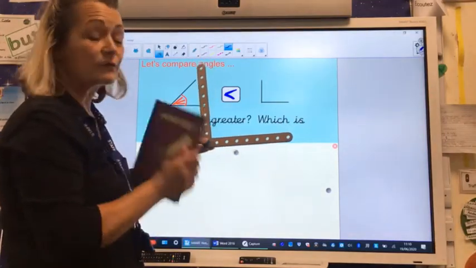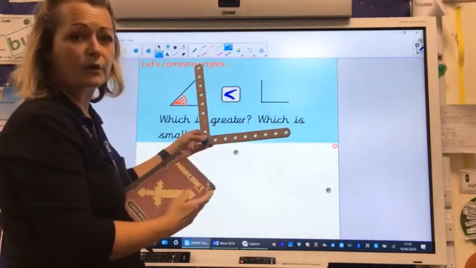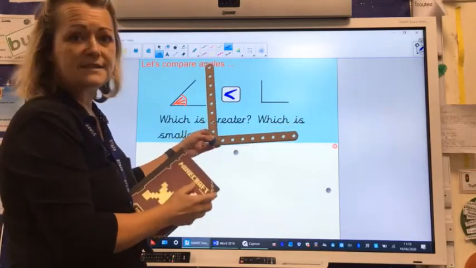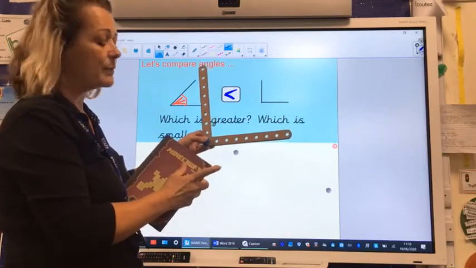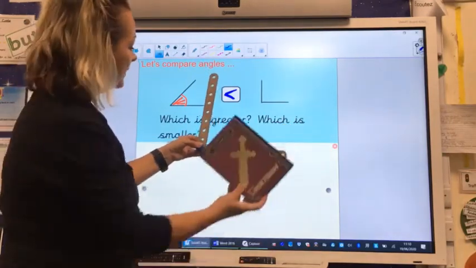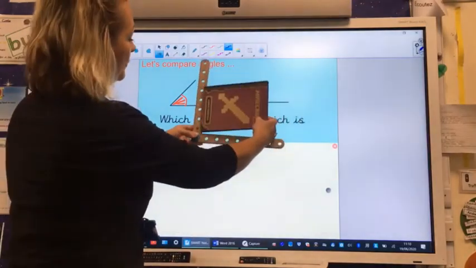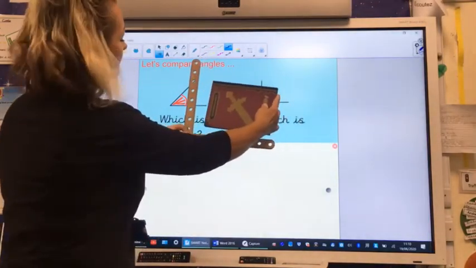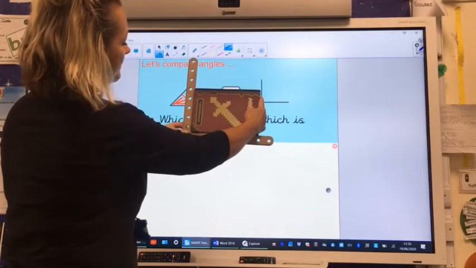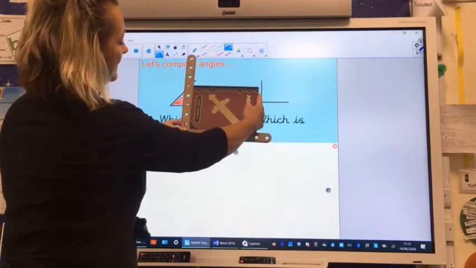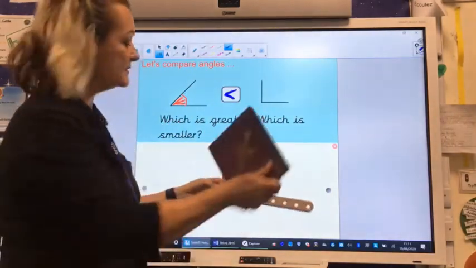In this case, I've got a book, and the corner of a book will have a 90-degree angle. It's what we call a right angle, and if I use my corner of the book, I can line up both edges, that edge and the bottom edge, and see that, yeah, I've made a 90-degree angle.